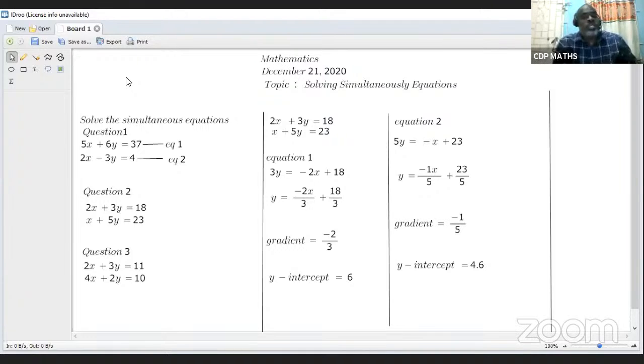Yes, where you're going is that you're getting a pattern. So you are suggesting that for question number 3, the gradient for equation 1 would end up becoming -2/3, and the gradient for equation 2 would have become -2, or -4/2.